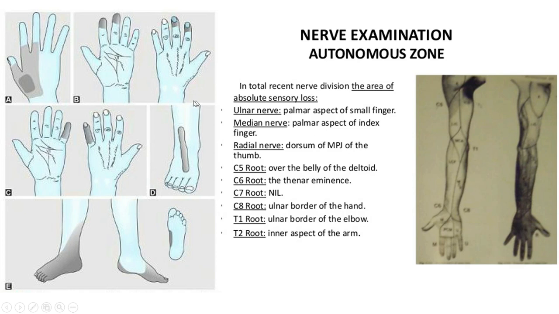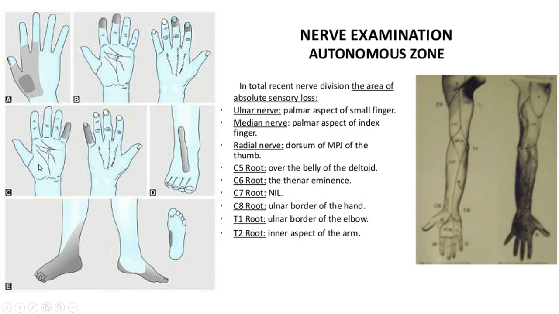Now I again want to clarify the autonomous zone. First and second interosseous space is called radial nerve autonomous zone, but median nerve autonomous zone is middle finger pulp. Middle finger pulp is only supplied by median nerve, and little finger pulp and tip is supplied by only ulnar nerve.